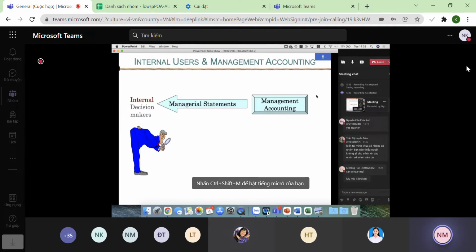So the accounting system that provides that kind of information, we call management accounting. We call the accounting system that provides information to internal users management accounting.